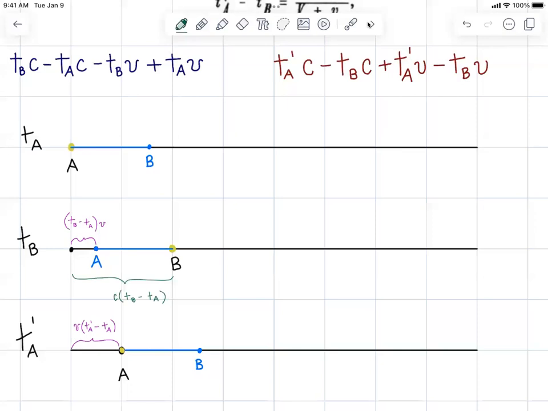Now let's think about the return trip of the light from point B back to point A, or from time T sub B to time T sub A prime. So at time T sub B, the light is here. At T sub A prime, the light is here.